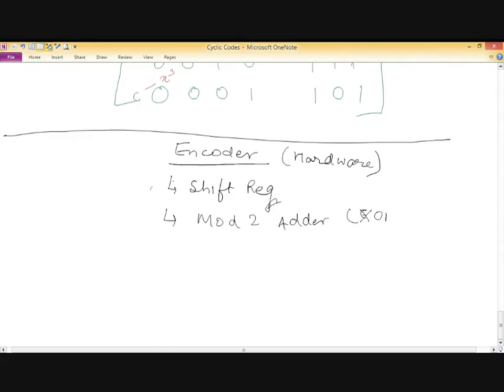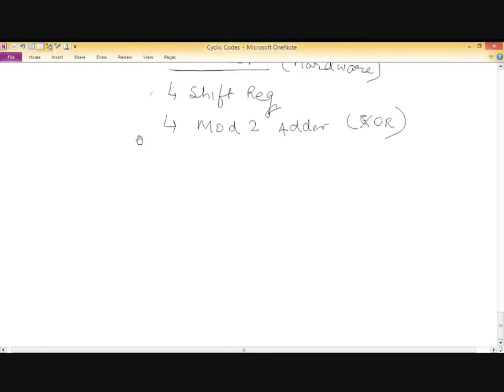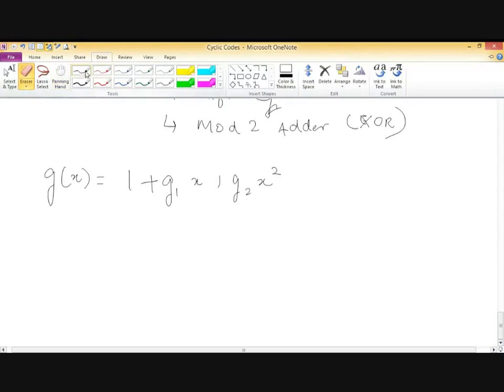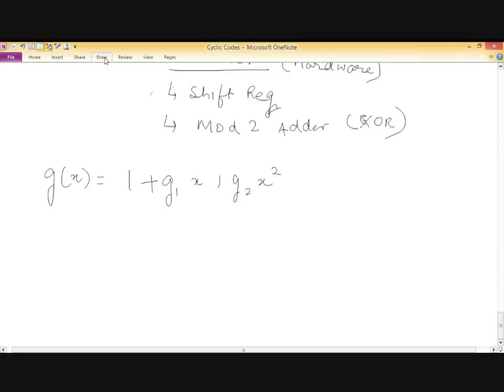Okay, so if we are talking about this, then how to make an encoder? So just starting our numerical with what we know, that g of x will always have an order, will be something like this: 1 plus g1x plus g2x square plus g3x cube, and so on till lastly the last function will be x to the power of n minus k.